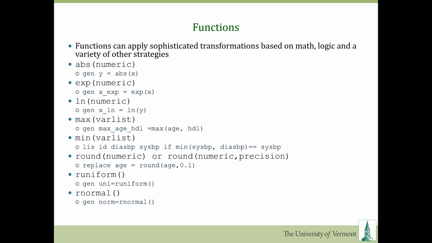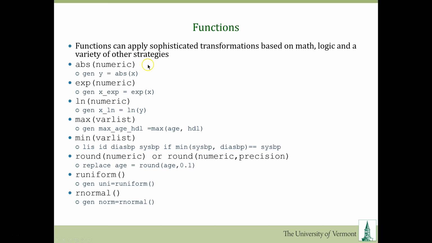Functions can do all sorts of transformations of your data based on math, logic, all sorts of other strategies. We'll do a couple of these. For instance, you can create a new variable that is the absolute value of some previous numeric value.